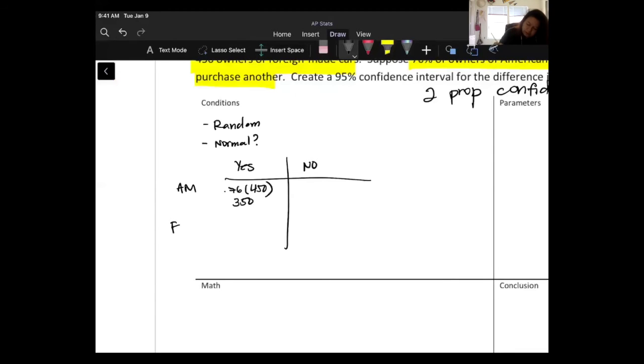For foreign car owners, 0.78 times 450, 357 said yes. For American car owners, 108 say no, and 99 said no for the foreign car owners. These are greater than or equal to 10.